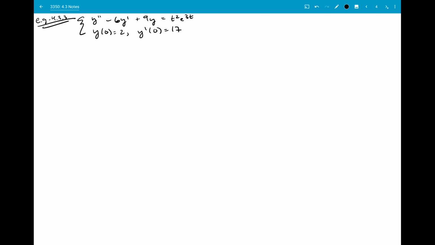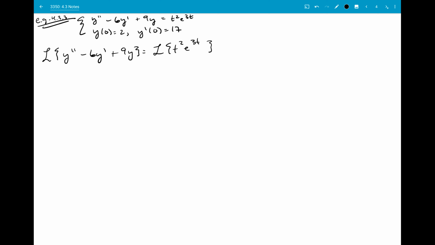That's to take the Laplace transform of both sides and set them equal to each other. So we'll have L of y double prime minus 6y prime plus 9y equal to L of t squared e to the 3t. At this point, you should be really comfortable with this approach. If you're not, you really need to go back and review last week.